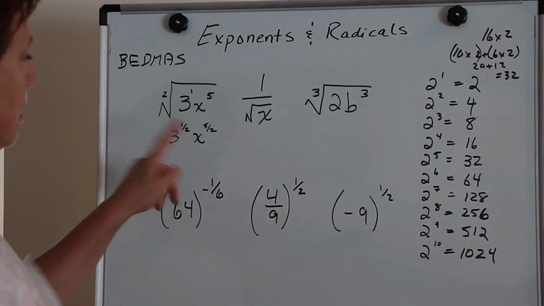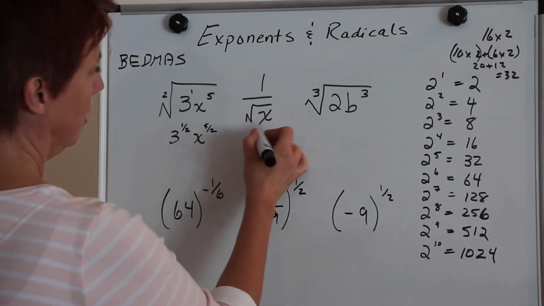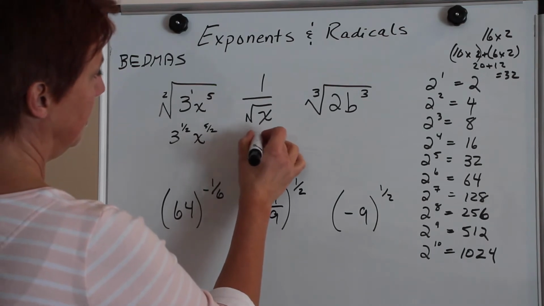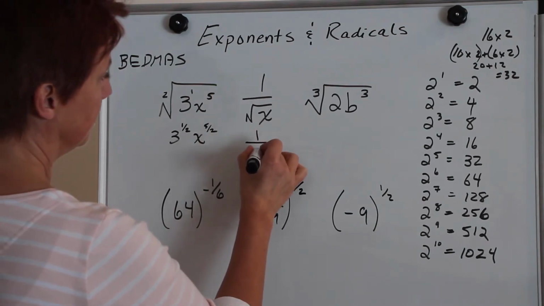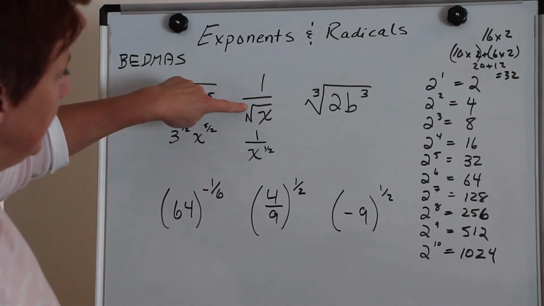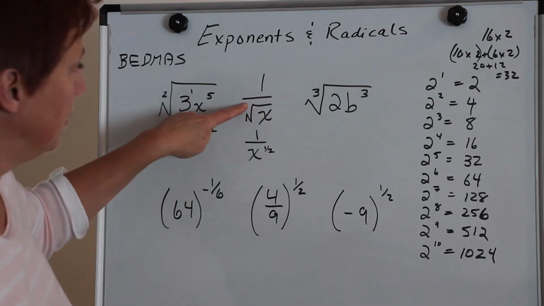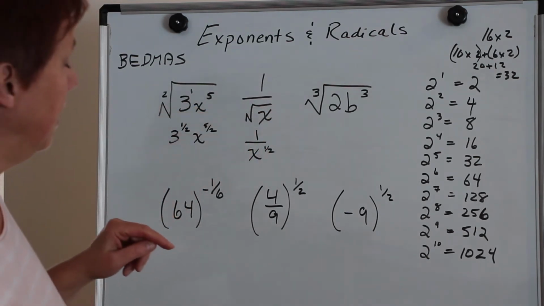Okay, to put this one into exponent form, we can start by doing this. So there's an invisible 2 here and an invisible 1 here. When you don't see numbers there, they are 2 and 1 respectively, okay?